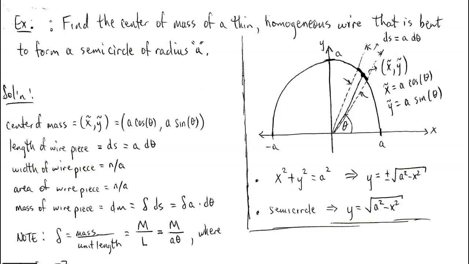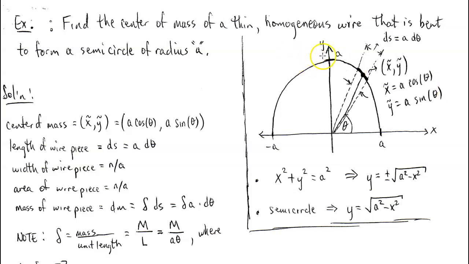If we had to use the entire circle, then it wouldn't be a function, and so we would have to find other ways to get around it. Now, here we also see that because we know that this is a semicircle, points on a semicircle are going to be the same as points on a circle.